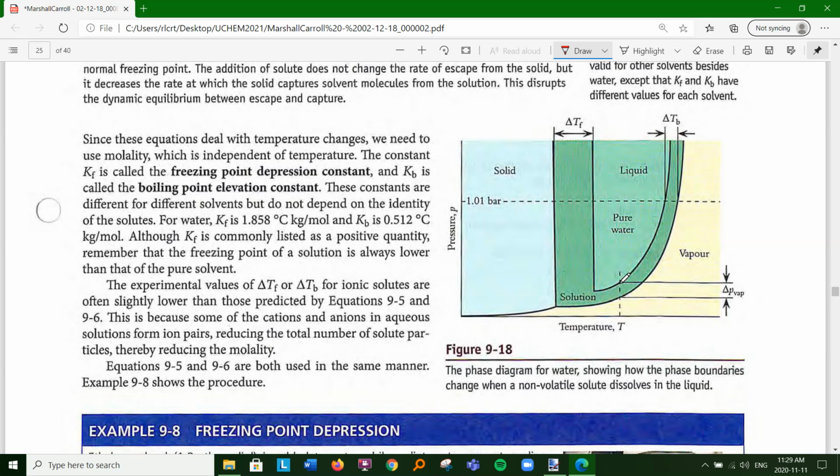And here we see the vapor pressure is lowered at some given point. 1.01 bar is 1 atmosphere, right? So that's our normal boiling point, normal freezing point. So we see that the boiling point is elevated when we have a solution, and the freezing point is depressed when we have a solution.